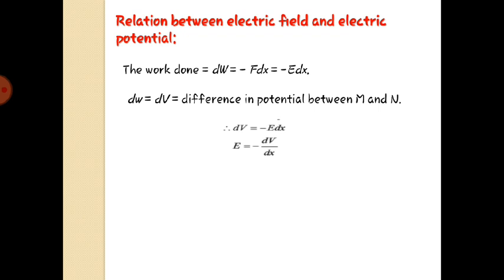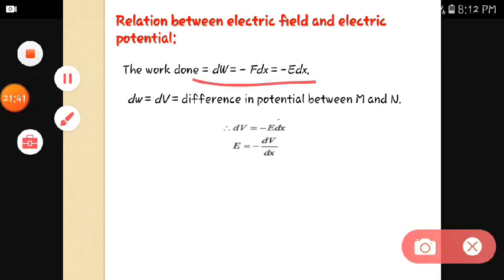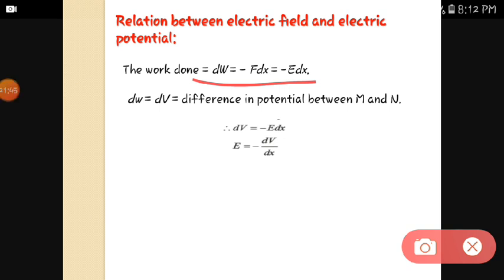These all are concepts which are related to potential, right? So work done is what? Force into displacement. If we consider this as dx, we get dW as minus F into dx, but F in this case is E because we are considering the electric field, so minus E dx.